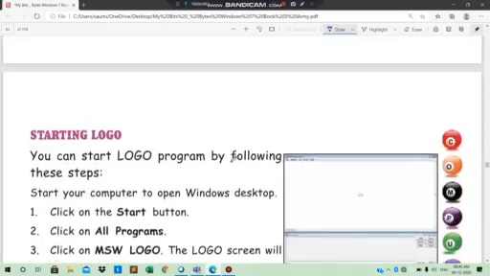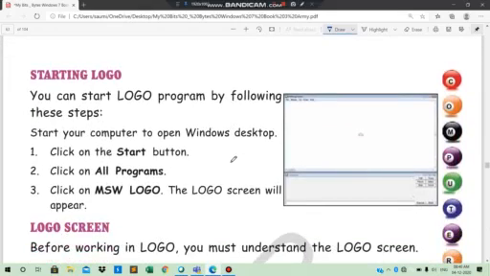Next is starting Logo. That means how you can start Logo. So starting any program in Windows 7 or 10 is very simple. किसी भी कमांड को स्टार्ट करना विंडोज के लिए बहुत ही इजी होता है.